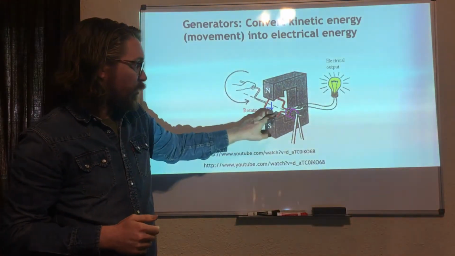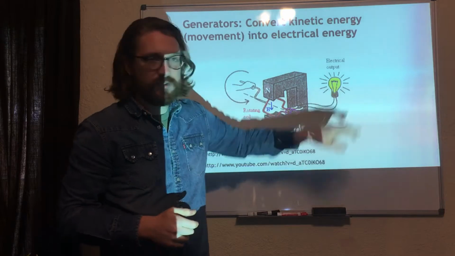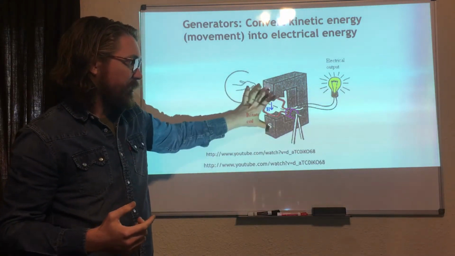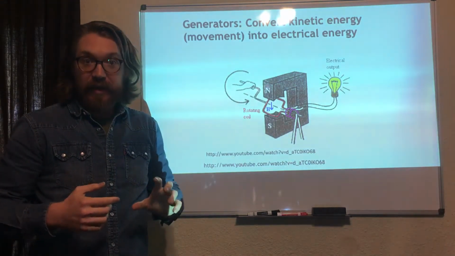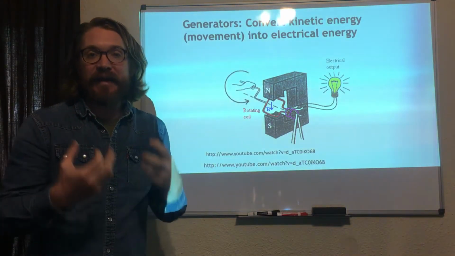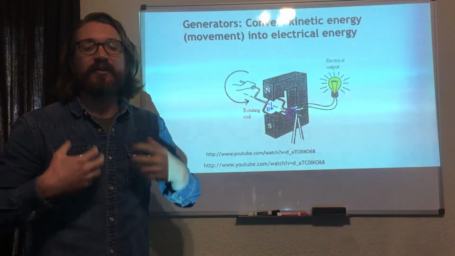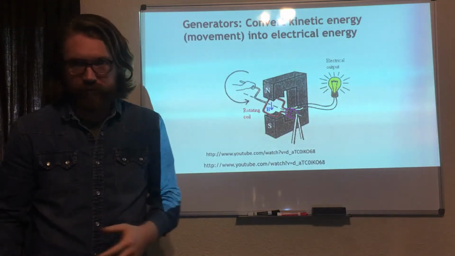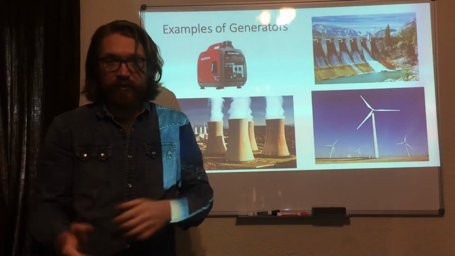That coil has two ends that are connected to a light bulb to form a circuit. As the coil spins around inside of the magnet, its moving magnetic fields create an electrical current, thus making electricity. It's beautiful. And there's lots of examples of generators in the world.